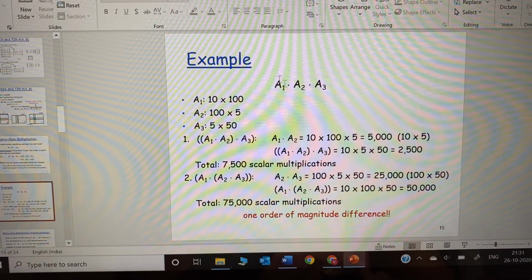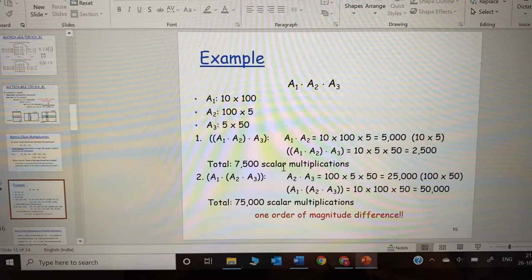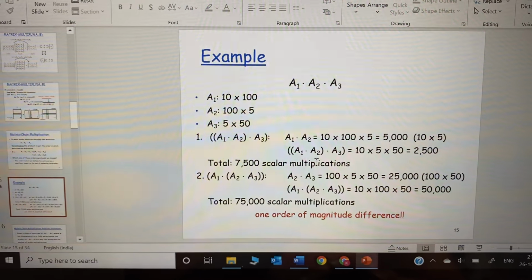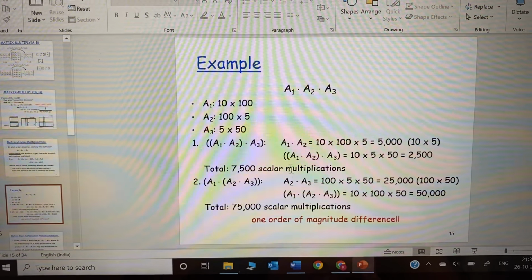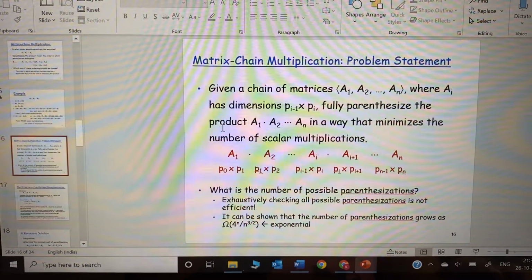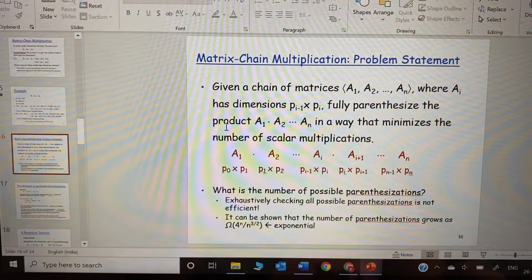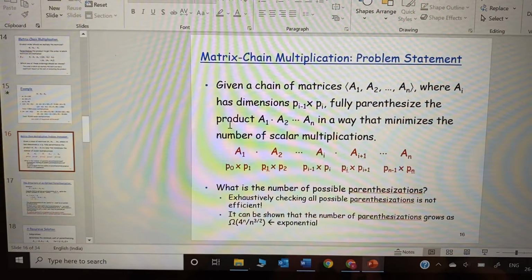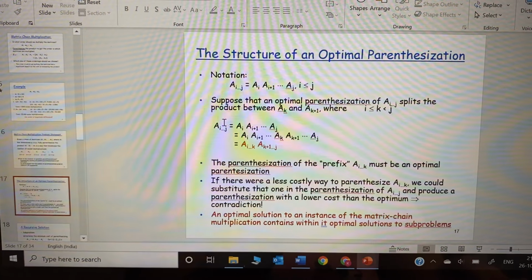So when doing this with three matrices, the first type gets the least number of scalar multiplications. In order to find these parentheses, we develop an algorithm, and then we find the parenthesization and the least number of calculations required to compute the product of those matrices.